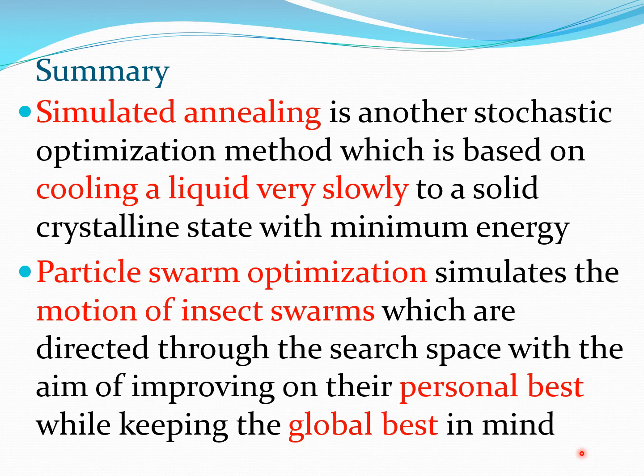Now, some of the methods we discussed are SA, which is another stochastic optimization method based on cooling a liquid very slowly to a solid crystalline state, and the method essentially comes from material science, or we can say physical chemistry or physics. There was also the method particle swarm optimization, which simulates the behavior of swarms.